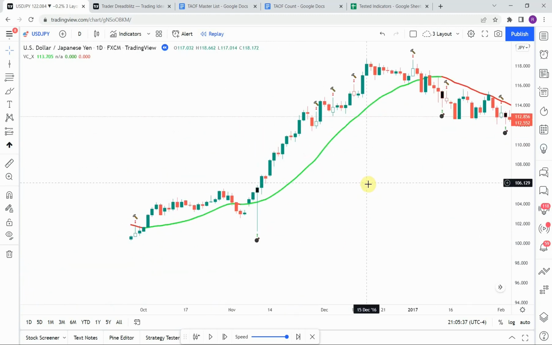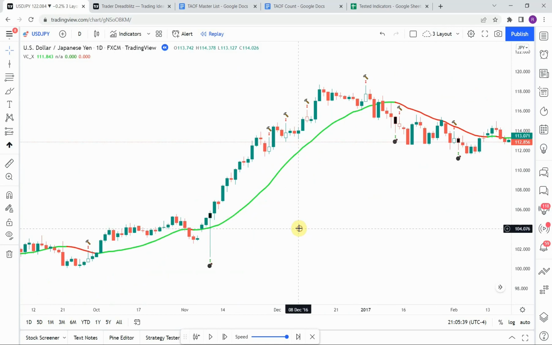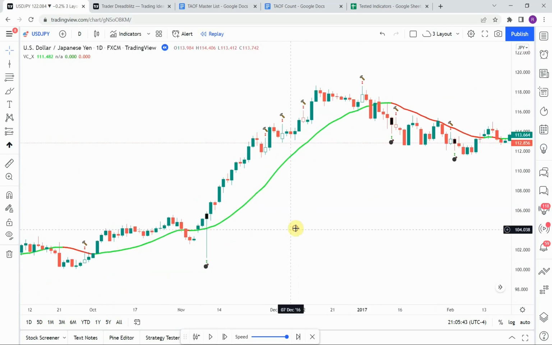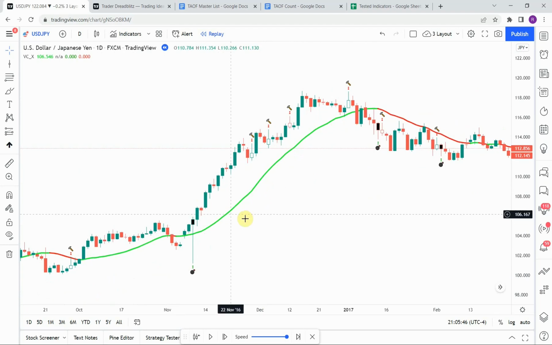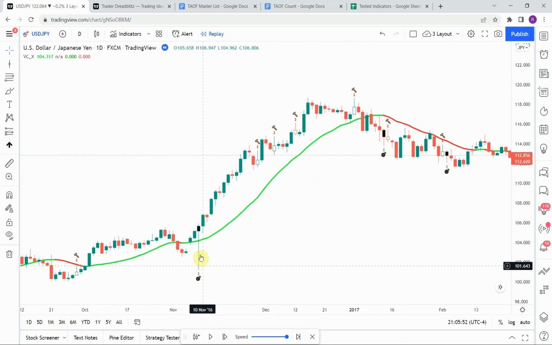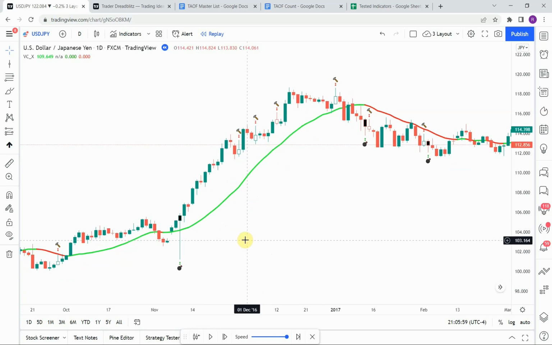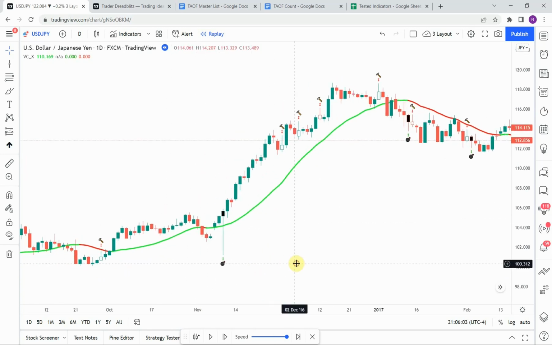For example, when price action is above the oscillating line, what we're looking for are long wicks to the downside, which show that there was a rejection: price pushed down, rejected, and was shoved back up, hopefully with some momentum to take it up even farther.